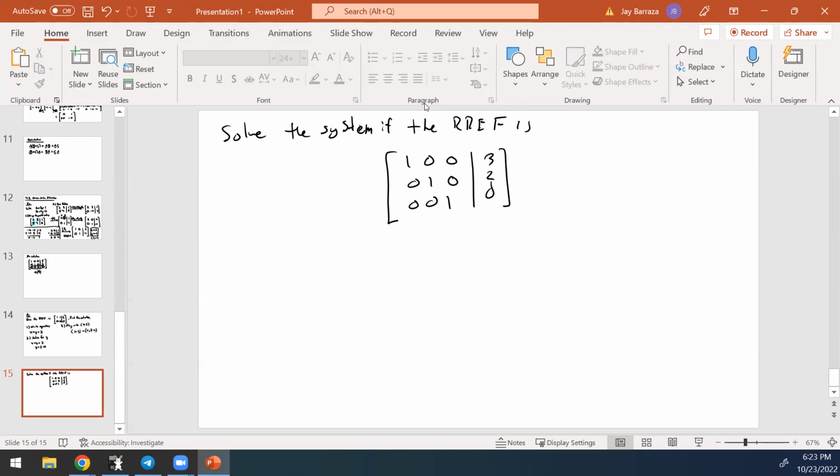My handwriting is terrible right now. Okay. So this is the best case scenario because this is when it's unique, right? This is x, this is y, this is z. So x equals 3, y equals 2, z equals 0. So the answer is 3, 2, 0. And that's it, right? Any questions on that one?